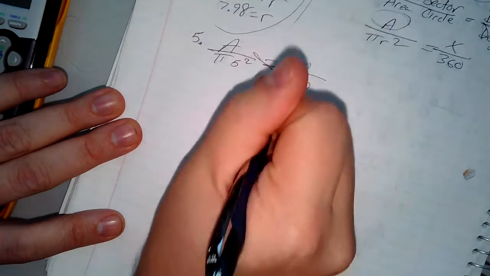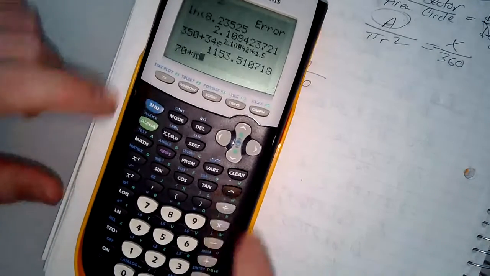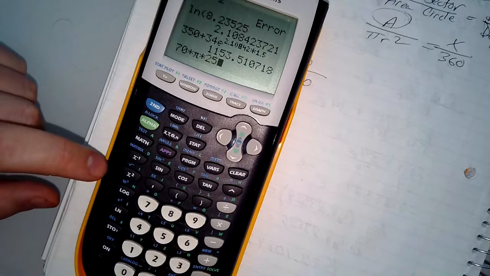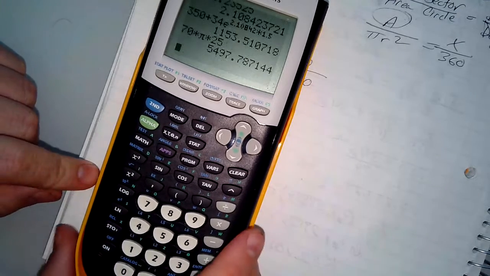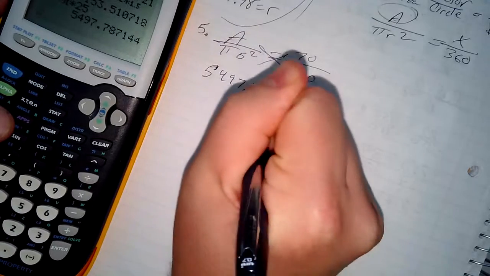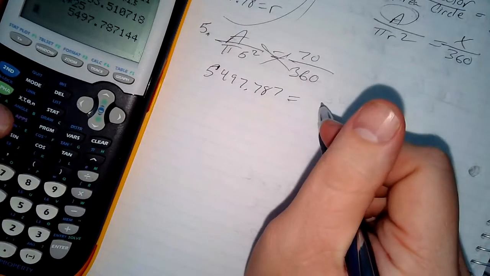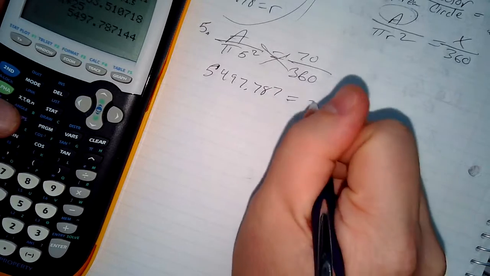over 360 in a circle. Cross multiply, and we get 70 times pi times 5 squared, which is 25. So that big number, let's see, 5497.787, is equal to 360a.